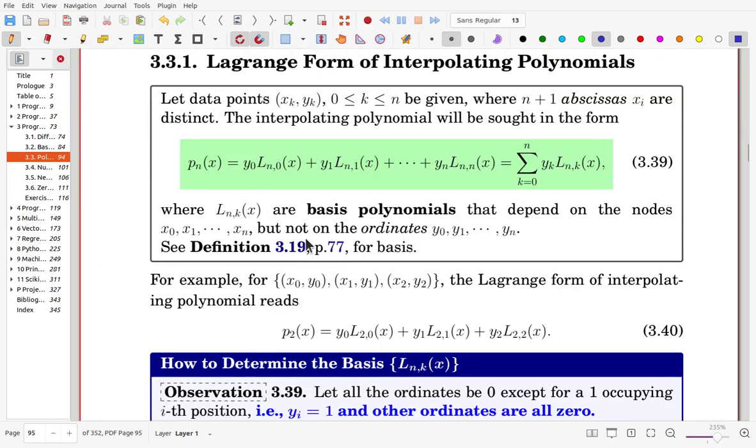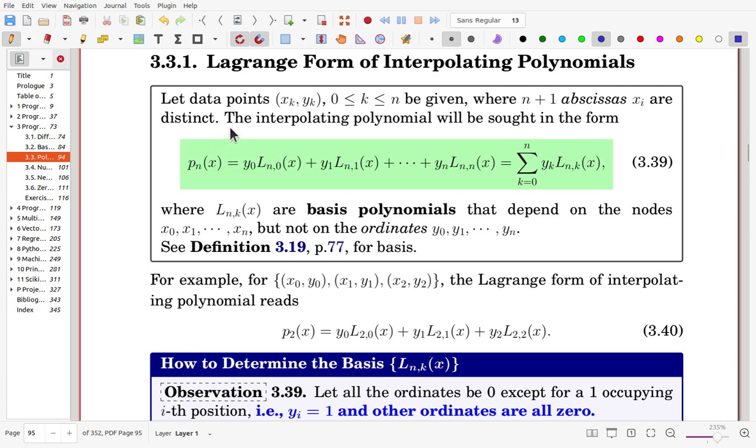Now, among many other forms, we'll study the Lagrange form of interpolating polynomials. It is the most popular one. Assume we are given data points xk, yk, with k from 0 to n. So there are n plus 1 points, and these xi are distinct.